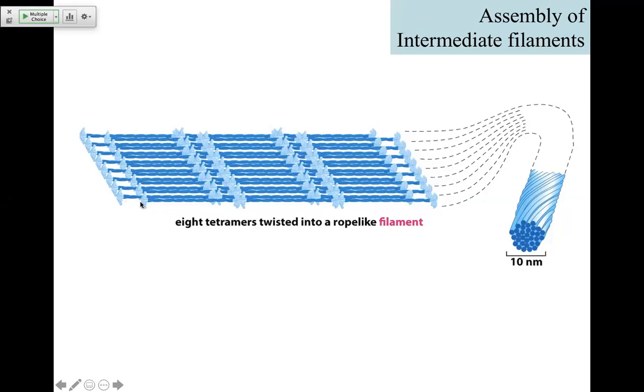All of those globular heads and tails, and we'll think about them when we look at the function of this structure, will be able to interact with other components of the cell. So think of them sort of as sticking out and being sticky, allowing this to interact with other proteins, other components of the cell. So what's one of the functions?